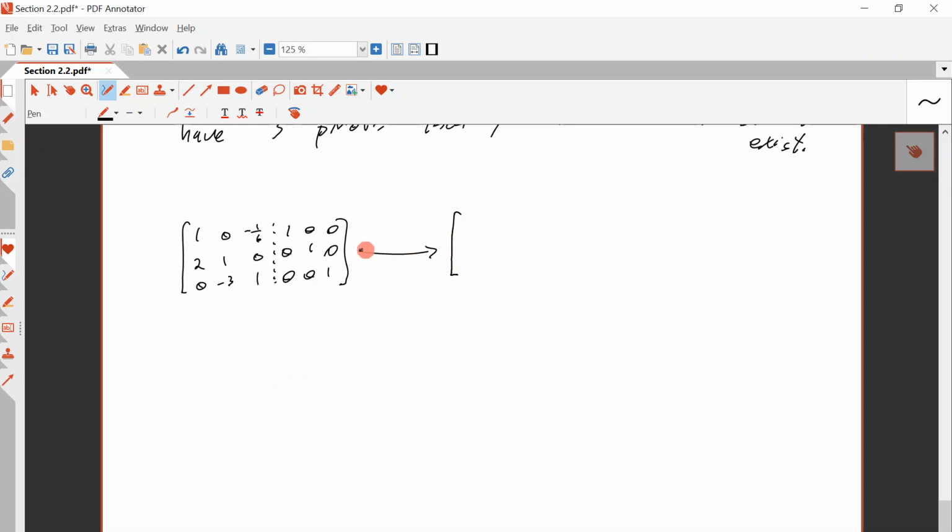All right, so 2 minus 2 is 0, 1 minus 0 is 1, 0 plus a third is a third, and then this is going to be minus 2, 1, 0, 0, 0, 1. Last row, just leave it like that.